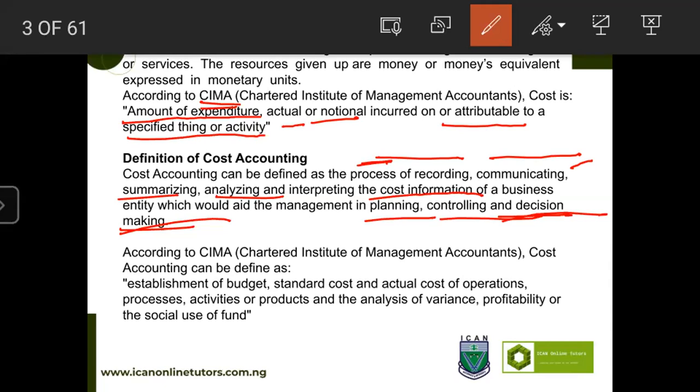To set it according to the what? Standard cost. A budget is set on a predetermined cost. What do you call predetermined cost?